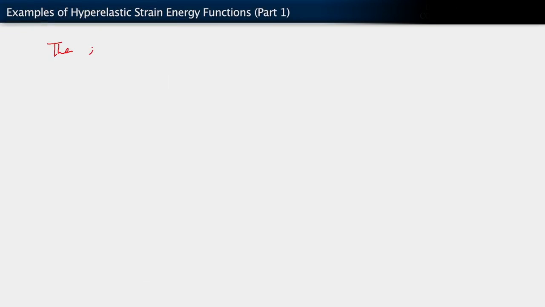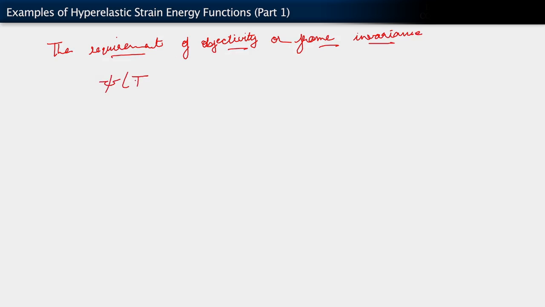At the end of the last segment, we concluded that the requirement of objectivity or frame invariance implies that psi, the strain energy function, which we think of as a function of F, can only be written as a function of F through U, the stretch tensor.